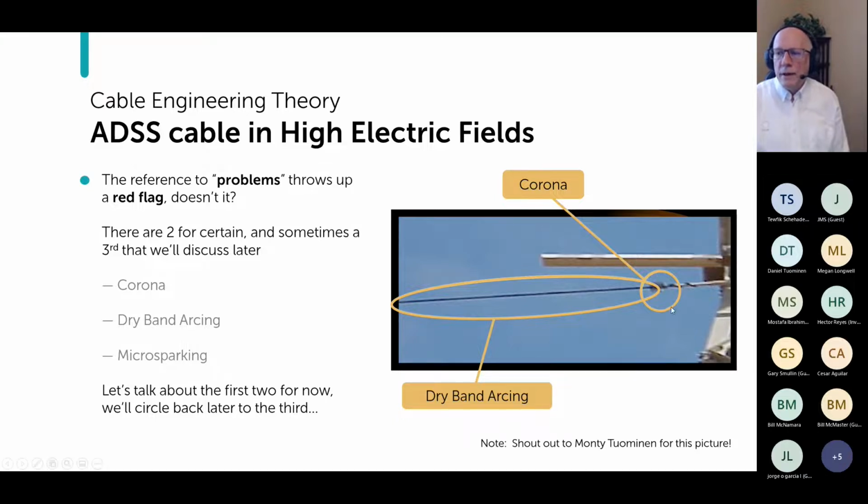Corona occurs at the tips of the accessories, and we'll explain why in just a moment. Dry band arcing occurs further out, but still relatively close to the structures. Oh, and I want to shout out to Monty Tominen for this picture. And you'll see his name throughout. And I'll explain who he is later too, for those of you who don't know him.